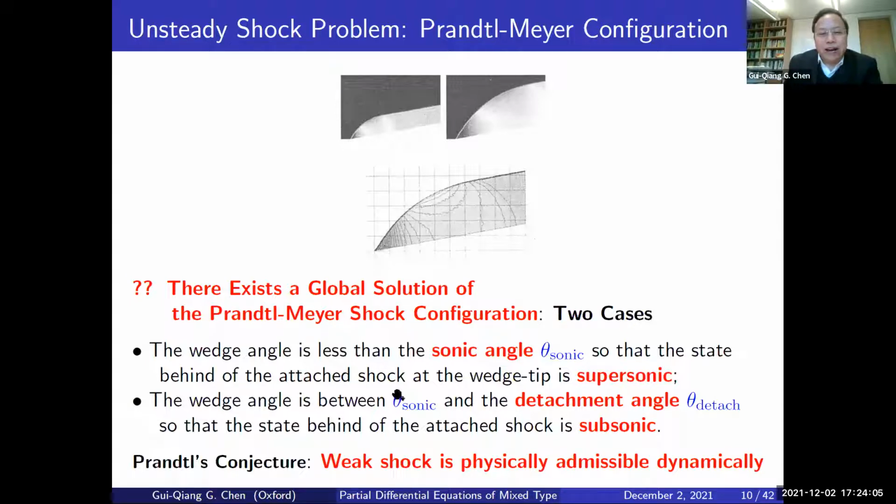So the attached shock at the corner will be supersonic. This is related to the supersonic Prandtl-Meyer shock configuration. The question is whether this weak shock is physically admissible dynamically; you can let time go to infinity to select the weak shock solution.